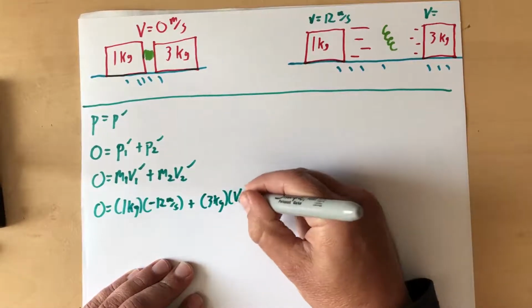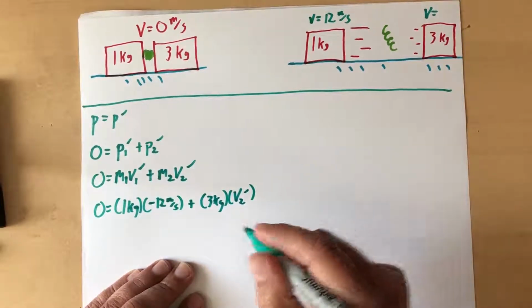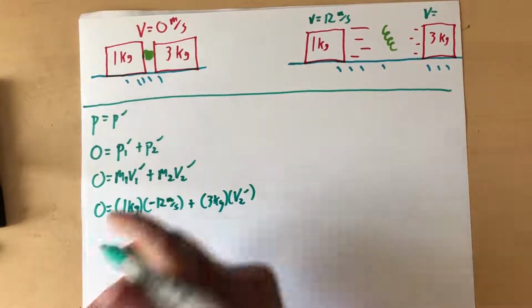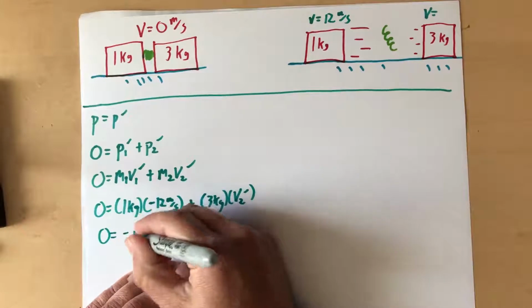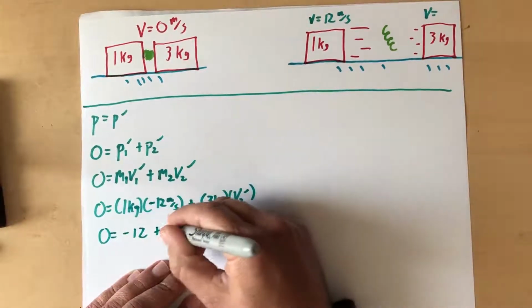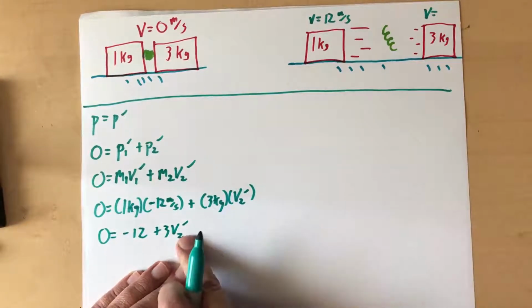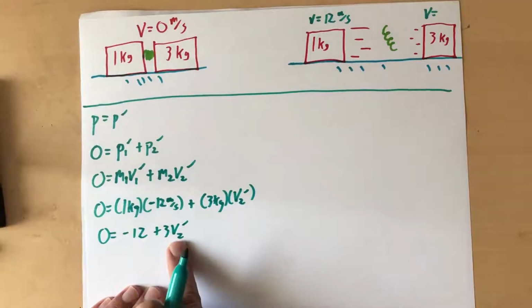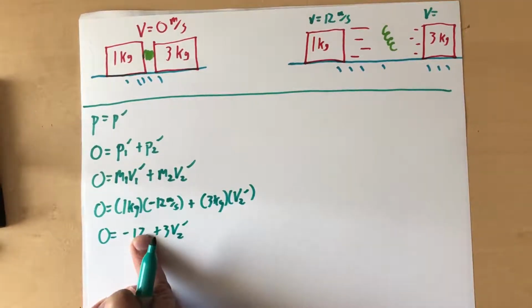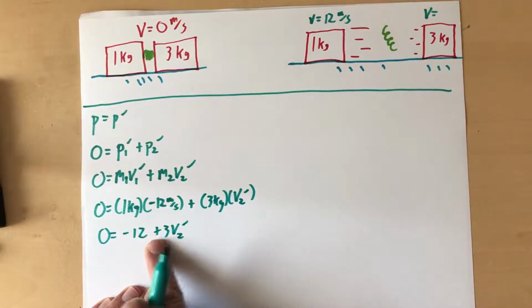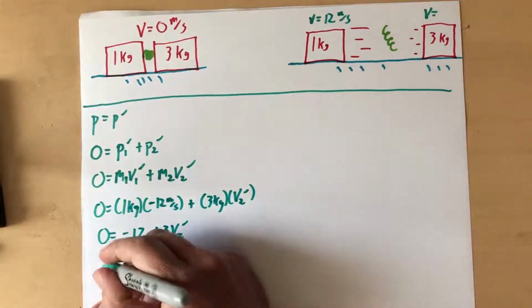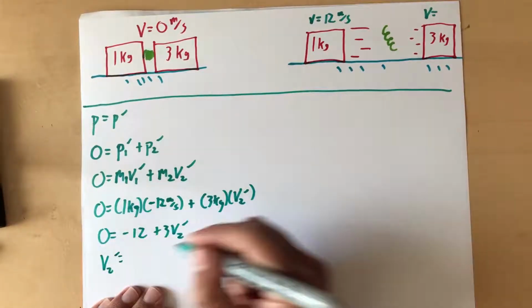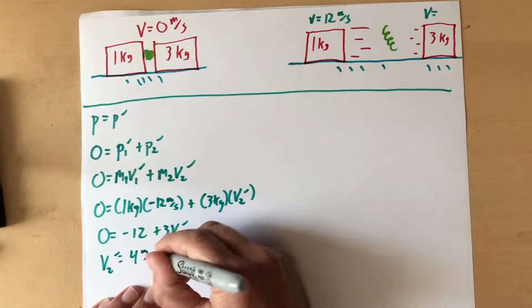And then we are solving for its velocity here. So 1 times negative 12 is negative 12. And if you do the algebra and solve for this, this term has got to be 12 as well to cancel out with that negative 12. So what times 3 gives you 12? Velocity 2 must be 4 meters per second.